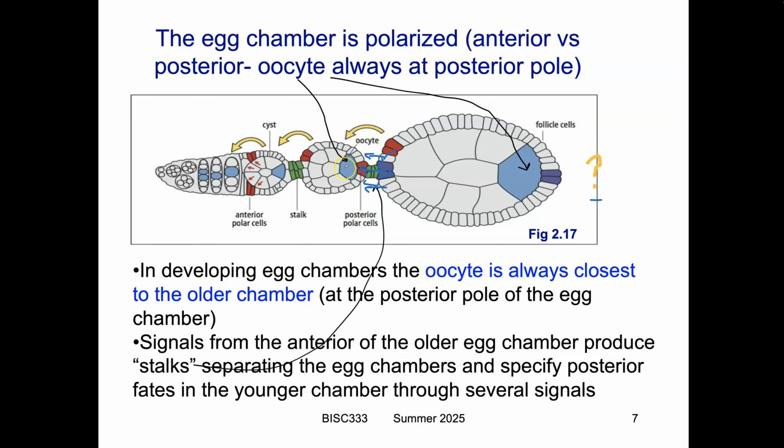And when this is specified, it can then send signals to the egg chamber ahead of it as well, to let it know, okay, this is the posterior end. And everything then develops according to posterior versus anterior and so on.